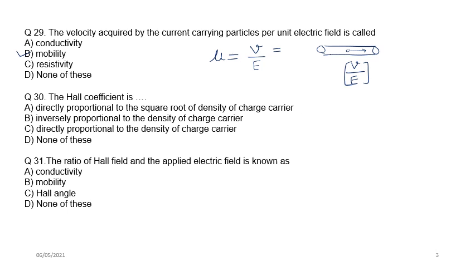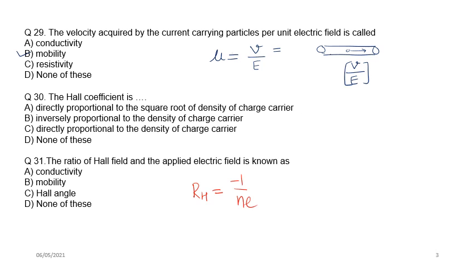If you know the formulations corresponding to the Hall effect, we can solve this problem. The Hall coefficient R_H is given by minus 1 upon N e, where N is the number of electrons, or electron density.